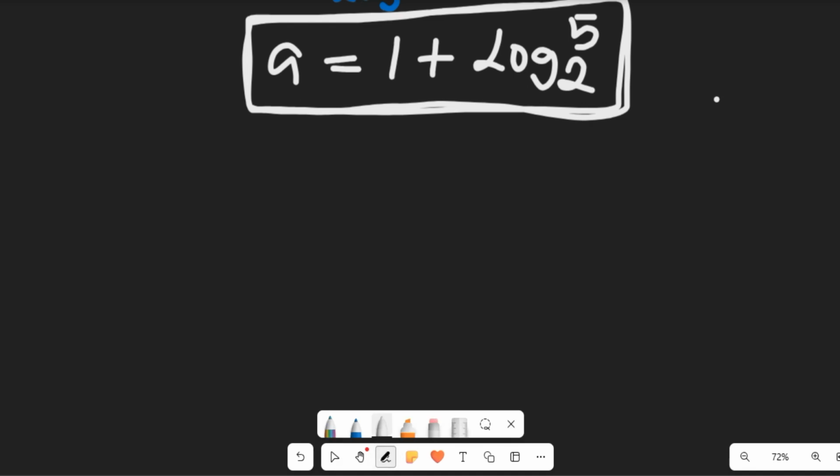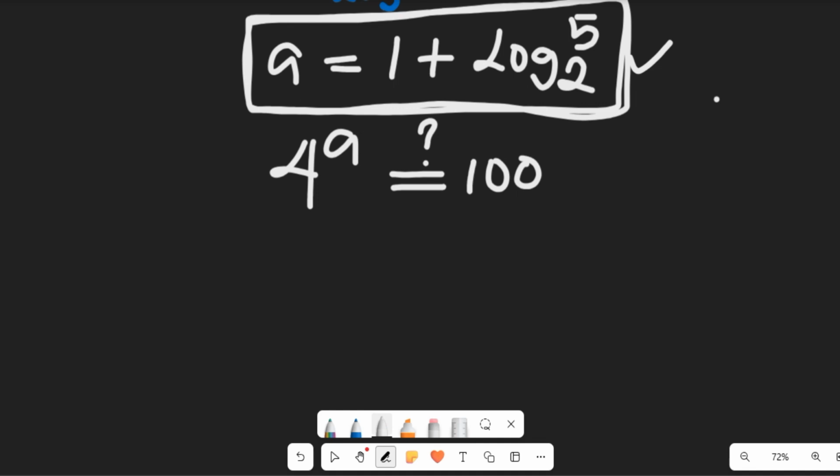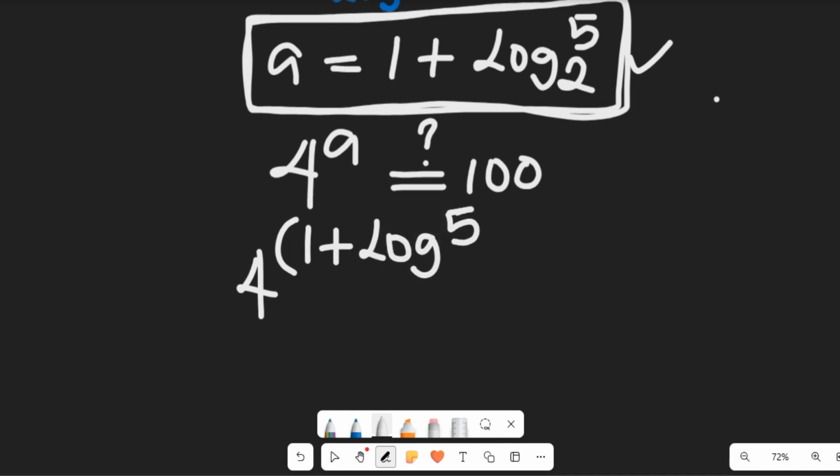Now let's check that out. 4 to the power of a, will it be equal to 100 with the value of our a equal this? Let's try it out. We have 4 to the power of 1 plus log of 5 base 2, right? Now, will it be able to give us 100?